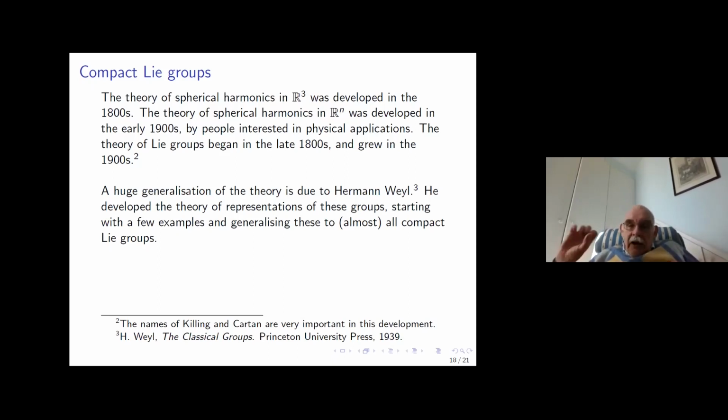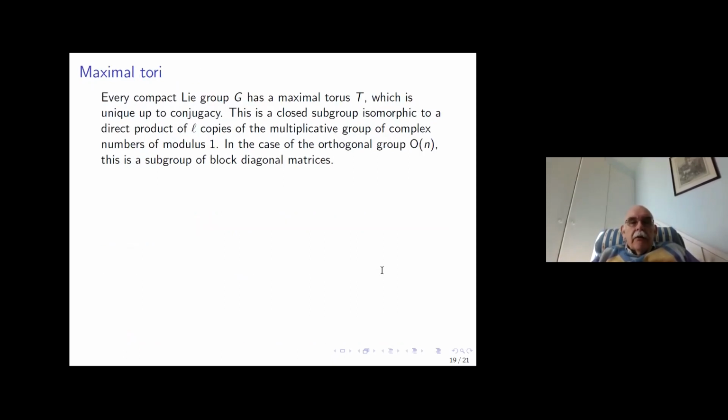We saw that the action of rotation groups on spherical harmonics is what is called a group representation, and he developed the theory of group representations greatly to deal with this. He started with just some examples of orthogonal groups and spherical harmonics and ended up doing this for quite general compact Lie groups. So here are a few key aspects of his theory.